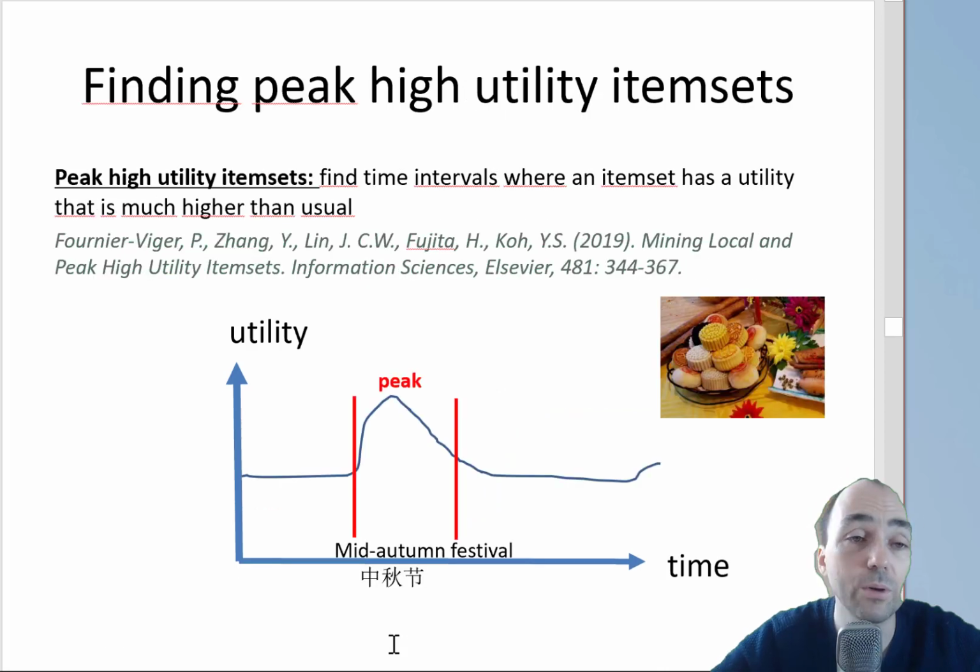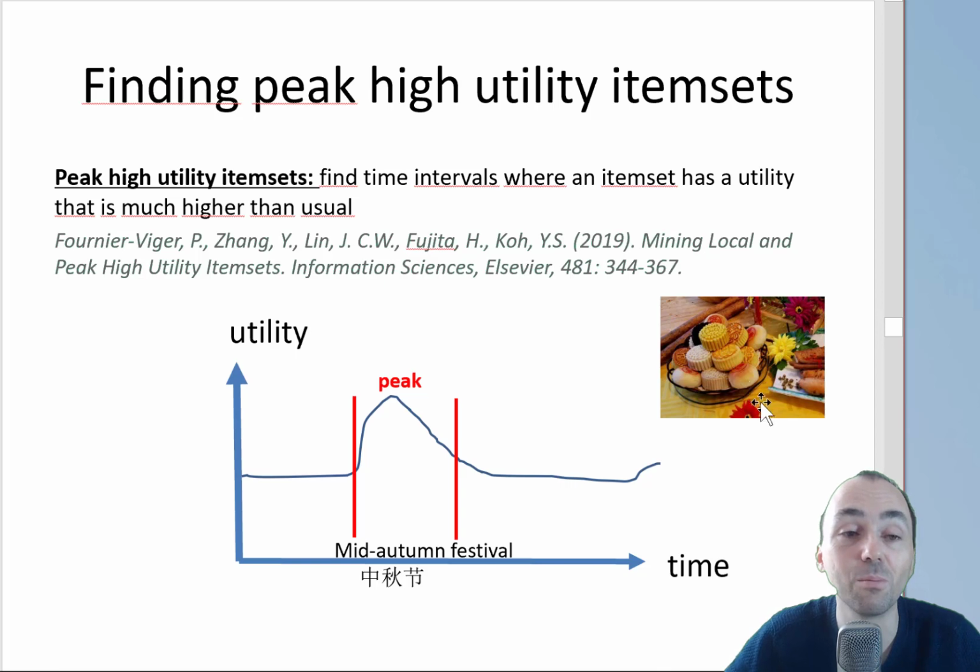Another topic we did about the time is to find the peak high utility itemsets. We did this in another paper. So what is a peak high utility itemset? Let's look at the picture here. Nowadays I work in China. In China, during the Mid-Autumn Festival, which is a period of the year, people like to buy moon cakes.